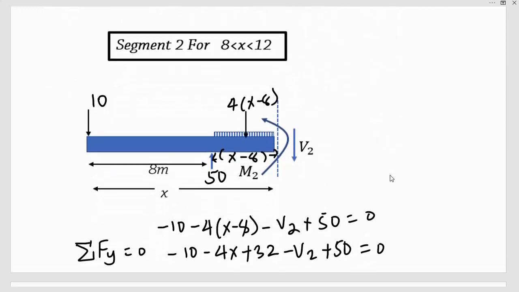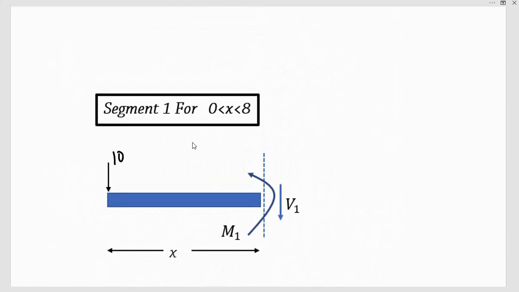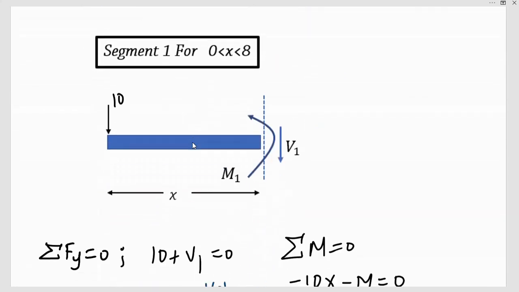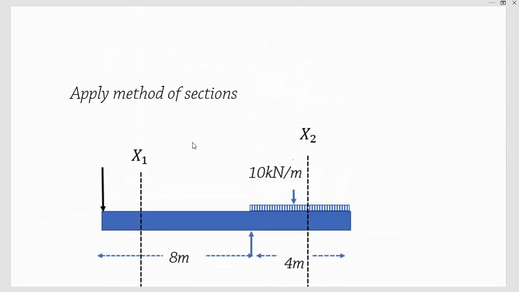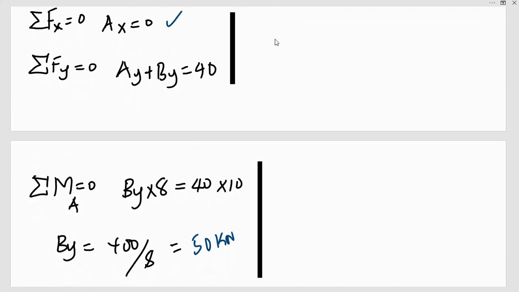Okay, we go to segment 2 for a distance between 8 and 12, and we said we will have a section after this support. So we have the 50. Remember, when we determined the reaction here, it is 50 kilonewtons, but AY is going to be 40 minus 50.